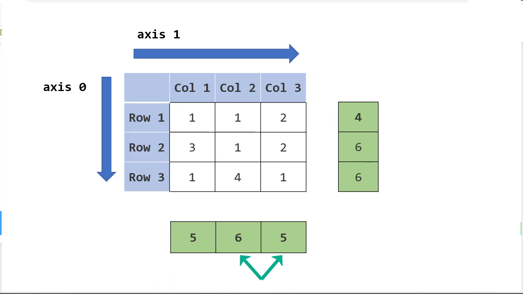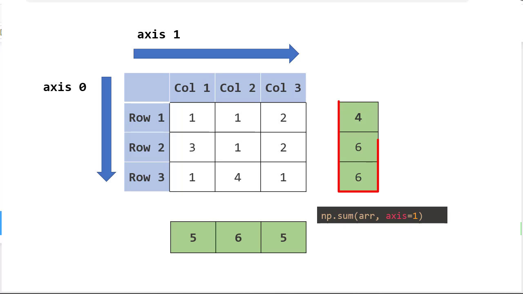Similarly, it calculates these two values. If I perform the same sum operation along axis 1, then it returns this array. So let's take a look at a practical demo of this sum operation.